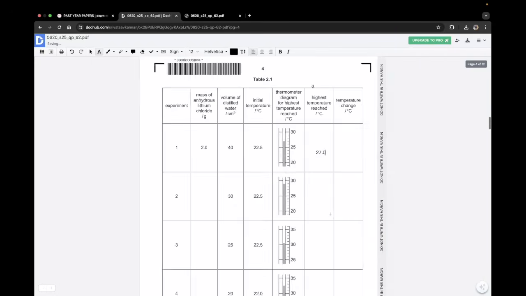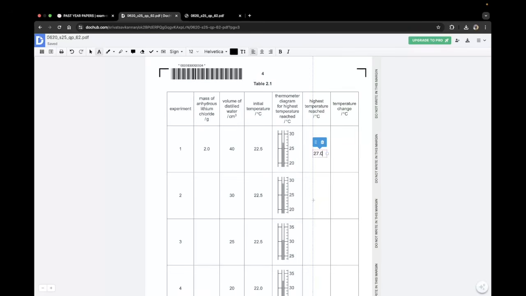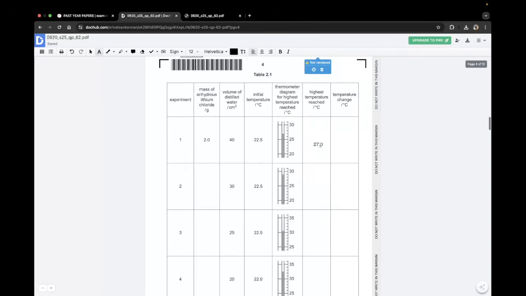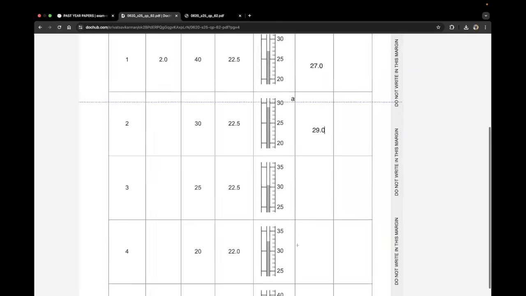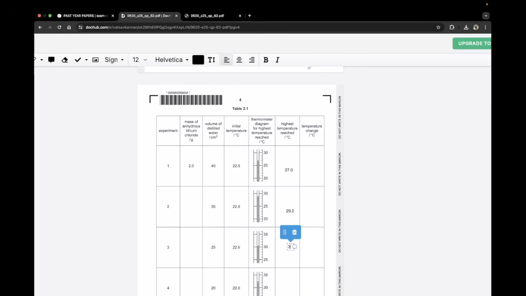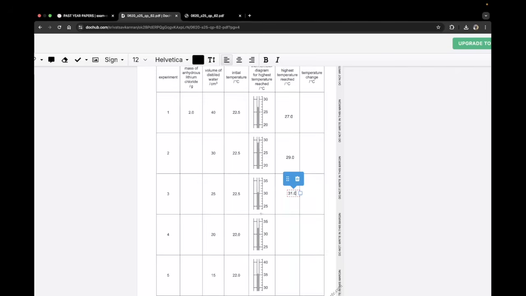Ensure you match the number of significant figures and the decimal places as well. For example, this is 29.0 right here. This is 31.0. So this is quite a simple thing.